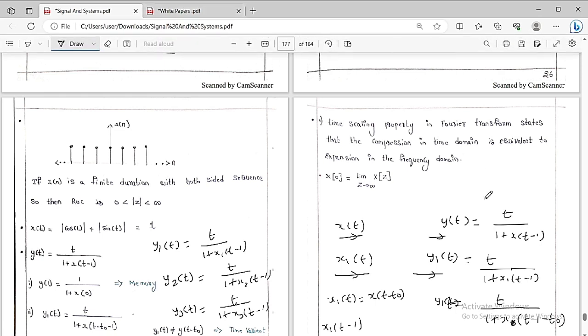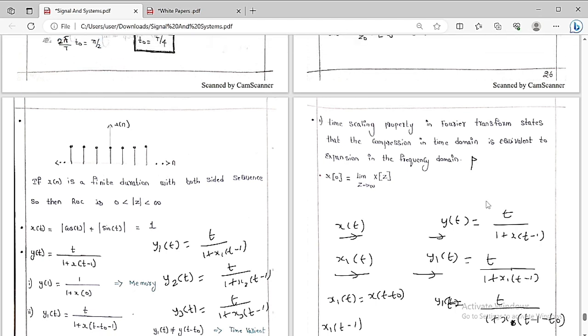Let me explain the concept here. Suppose f of t has the Fourier transform F of omega, then f of at has the Fourier transform 1 by mod a into F of omega by a. Suppose a is greater than 1.